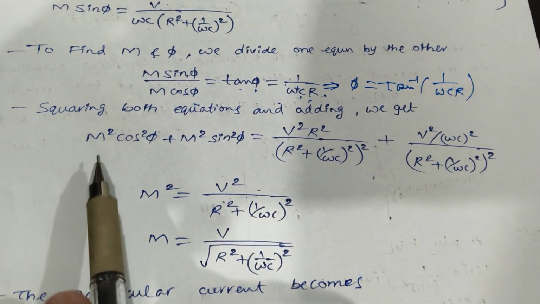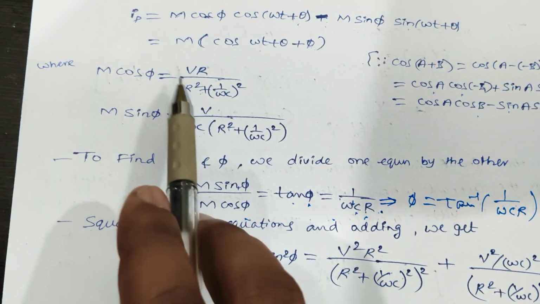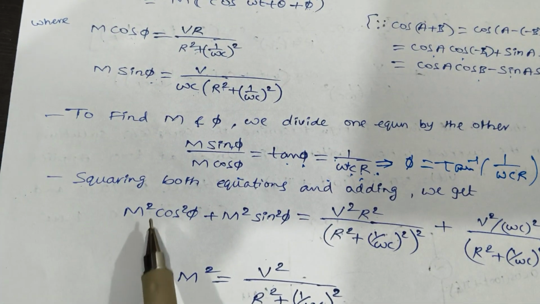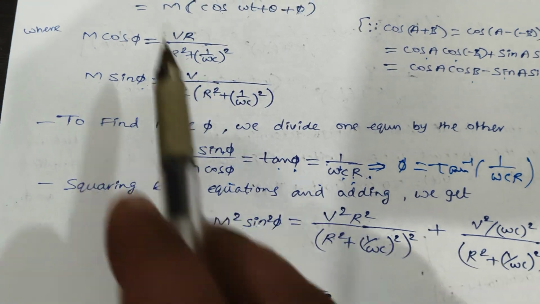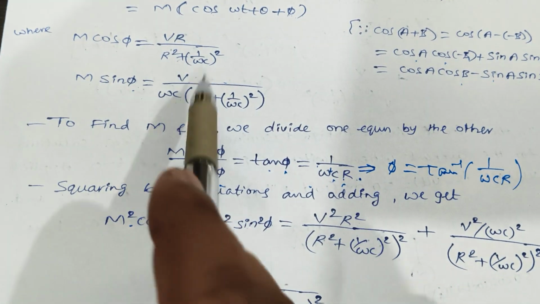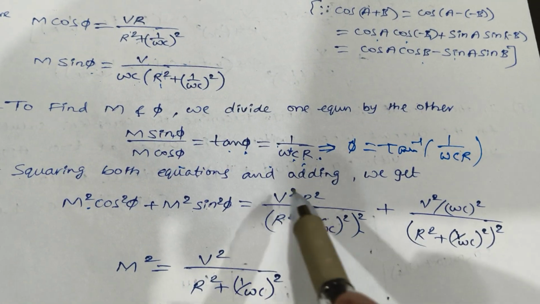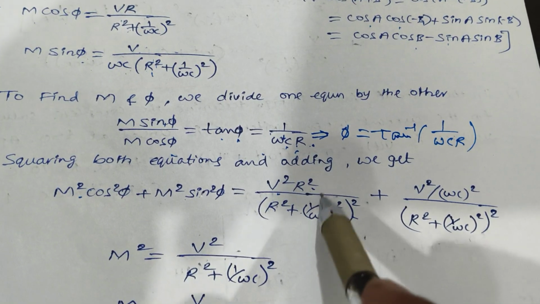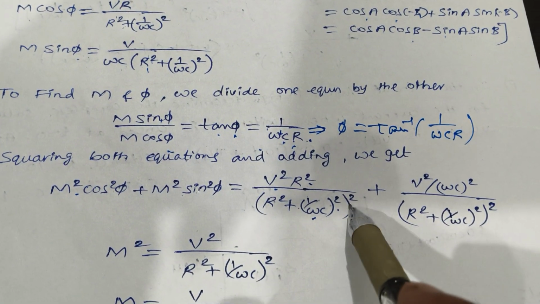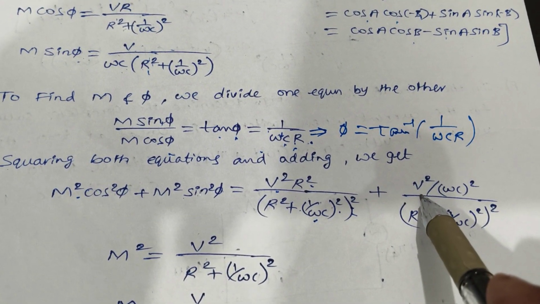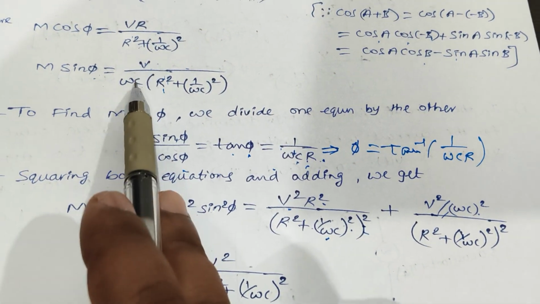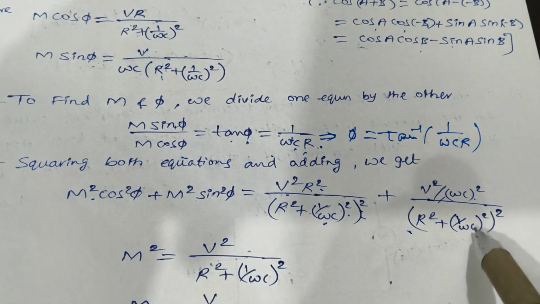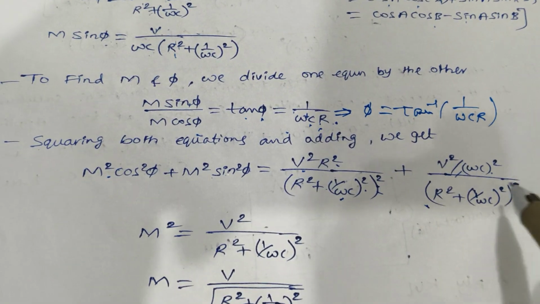And to get that m value, I'll square these equations on both sides, so that I'll get m square cos square phi plus m square sin square phi on the left side, and squaring these two terms and adding, I'll get v square r square by r square plus 1 by omega C square of whole square. And the second term is v square by omega C square divided by r square plus 1 by omega C square of whole square.